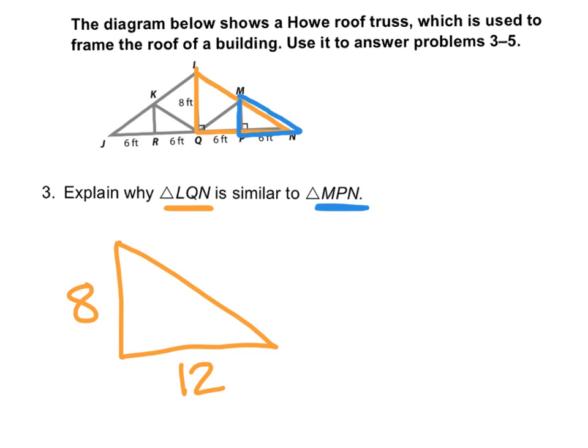So I'm going to label the bottom of the big triangle 12. Then I'm going to draw the small triangle. And right now, the only thing I know about the small triangle is that the bottom is 6. So I'm going to put a 6.